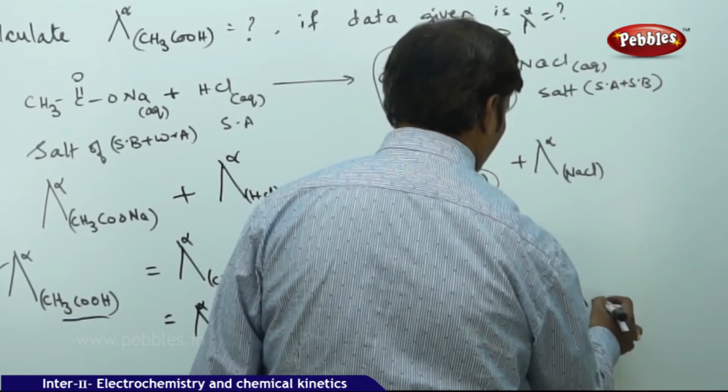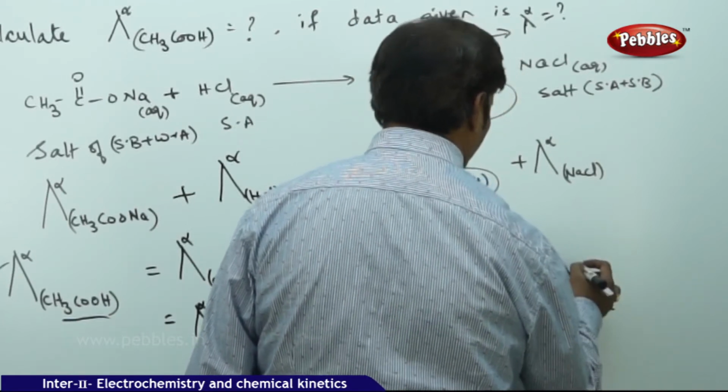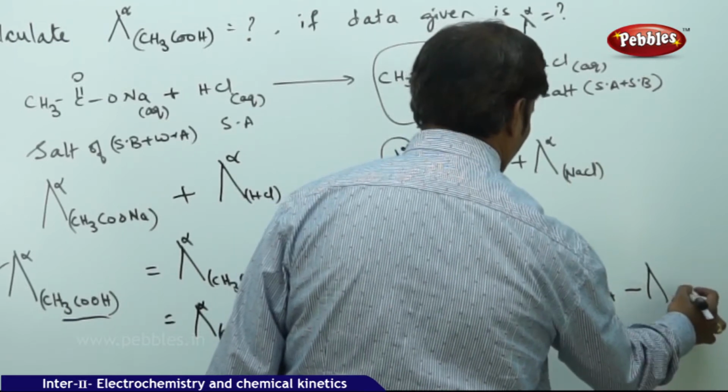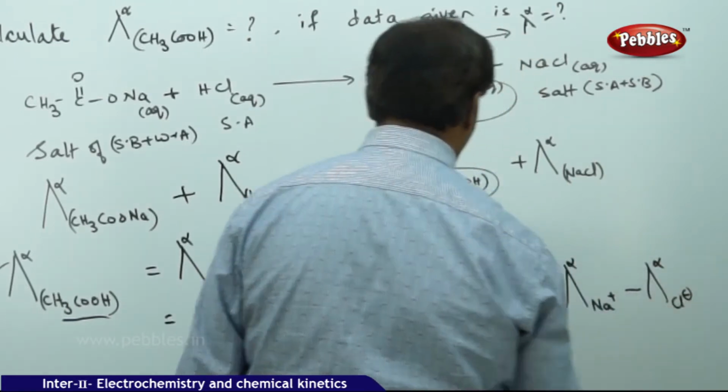Therefore, minus the equivalent conductance of Na plus at infinite dilution minus the equivalent conductance of Cl minus at infinite dilution.